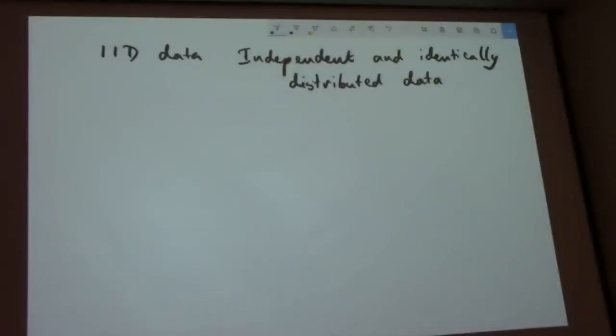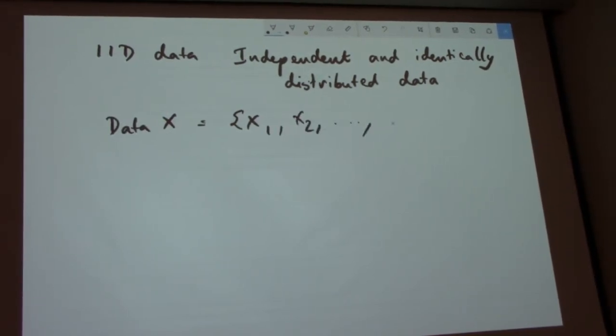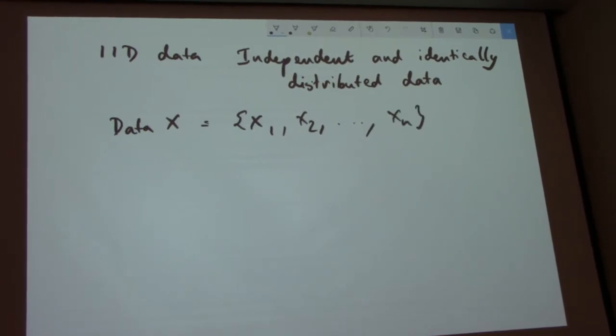So say I have a data set X with some points, X1, X2 through Xn. Each of these Xi's are drawn from some distribution d theta. So this is some process parameterized by this parameter theta. So say if this was a Gaussian, then it would have two parameters, right? So, the mean and the variance.